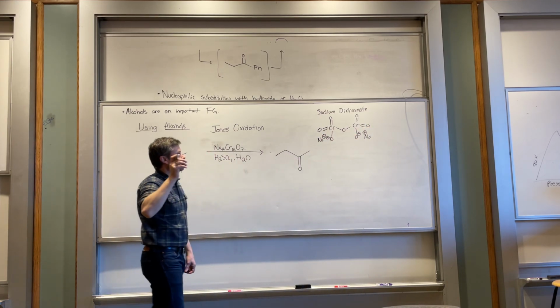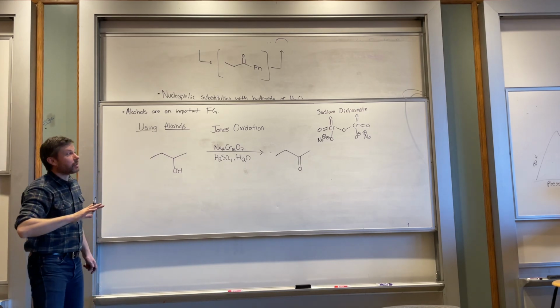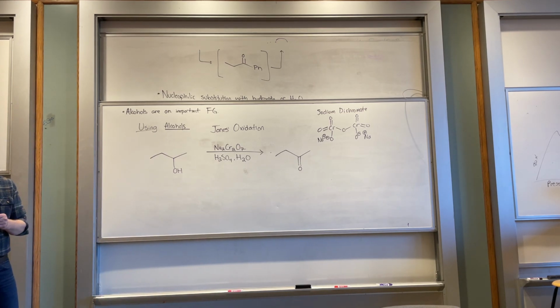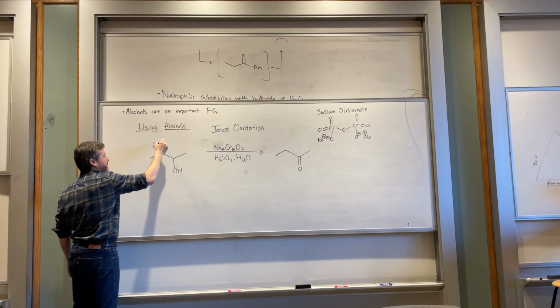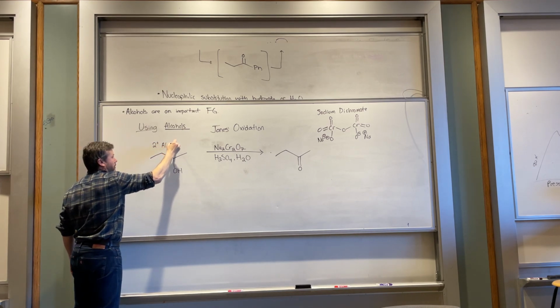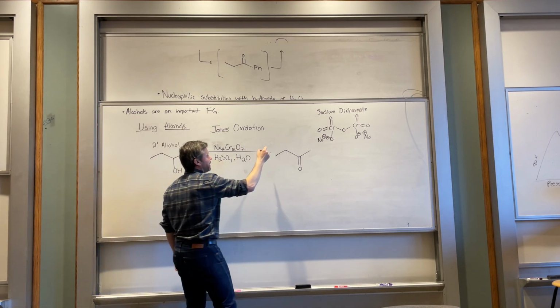So that's the structure of sodium dichromate. If we have time today, we'll go over the mechanism, but I don't know if we'll actually get through the mechanism today. Right, in this reaction, you can see that I'm starting with a secondary alcohol, and the product that I'm making is a ketone.